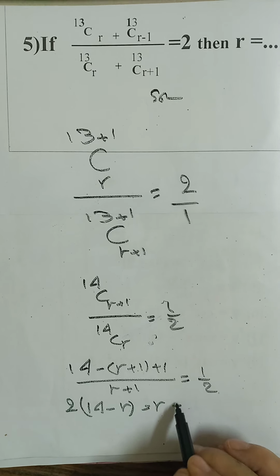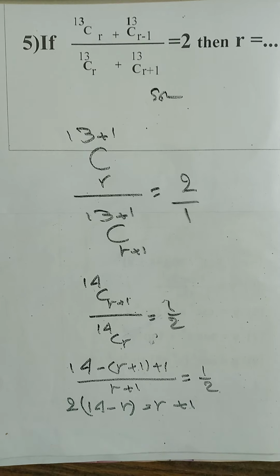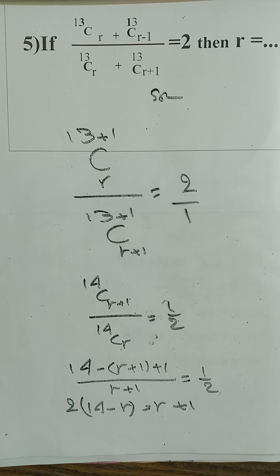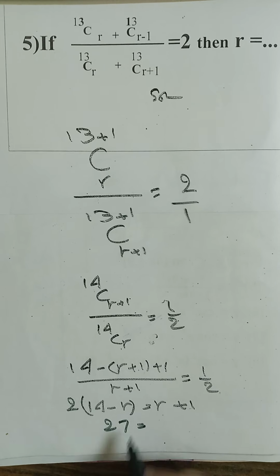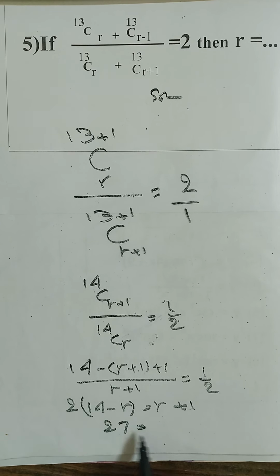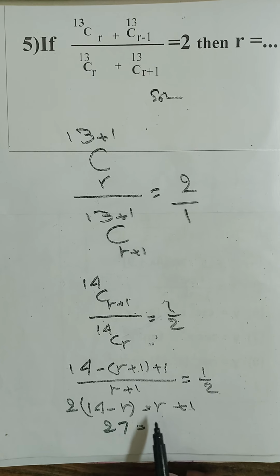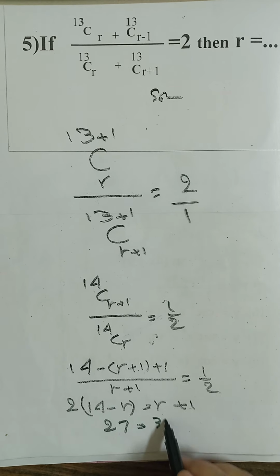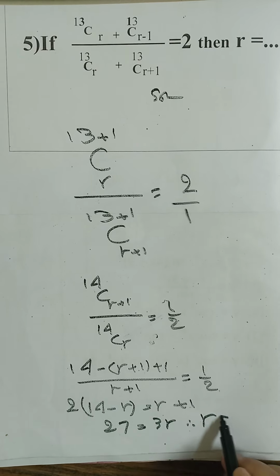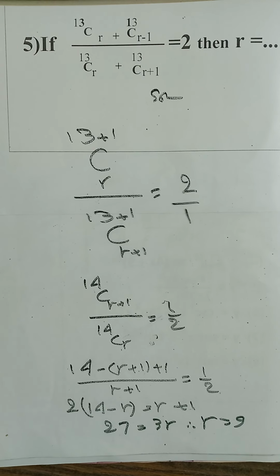Here, R plus 1. 28 here minus 1, 27. Here negative 2R on this side, positive 2R plus R equals 3R. Therefore, R equals 9.